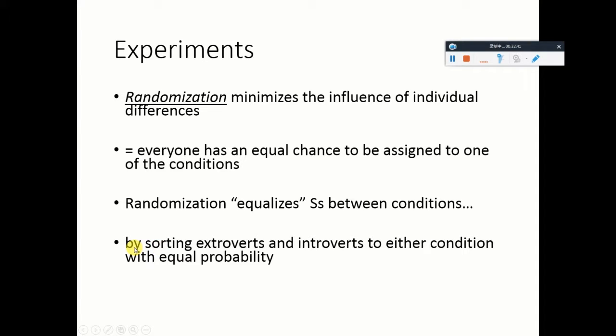And another way to think about it is you have X amount of extroverts, Y amount of introverts, and through this randomization process, between the two conditions, you will have roughly equal amounts of extroverts and introverts, so that the personality traits would not be a factor that could confound our results. So this might sound a little bit abstract.